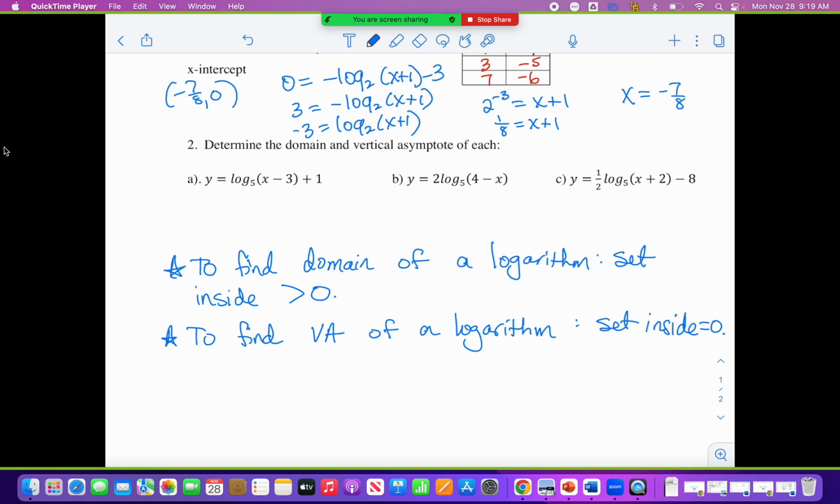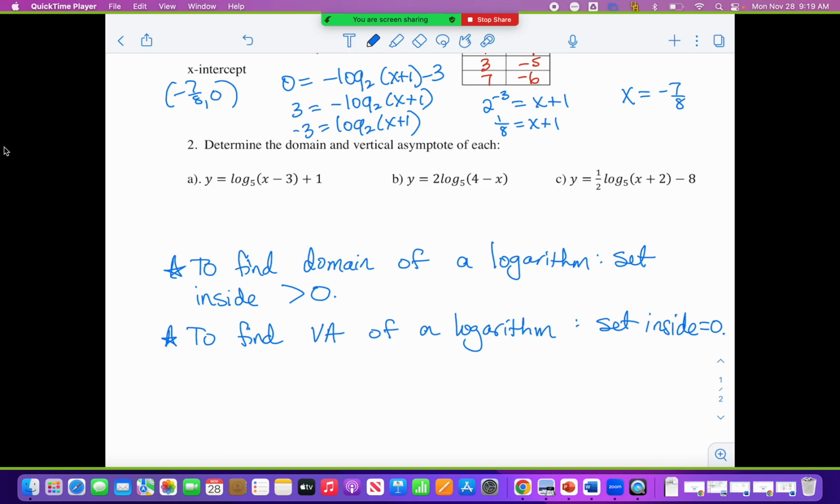So what I want you to do is go to number 2 here and do those to find the domain and vertical asymptotes of each, A, B, and C. This is set inside greater than 0. So what's the inside of that log? X minus 3, right?